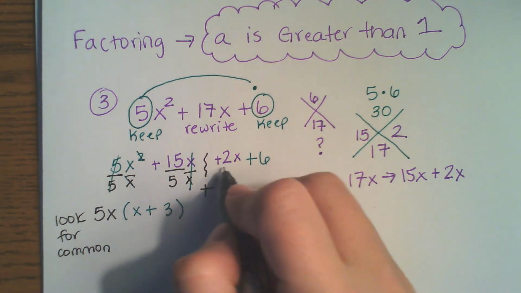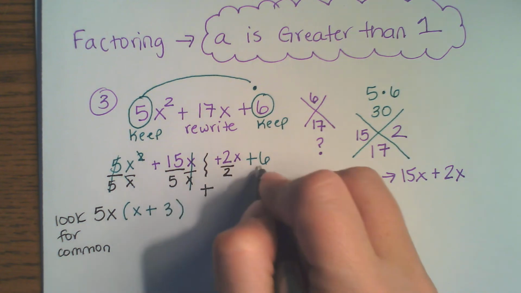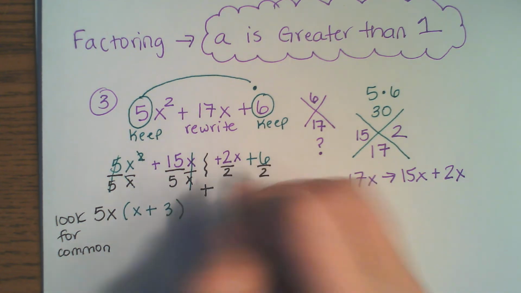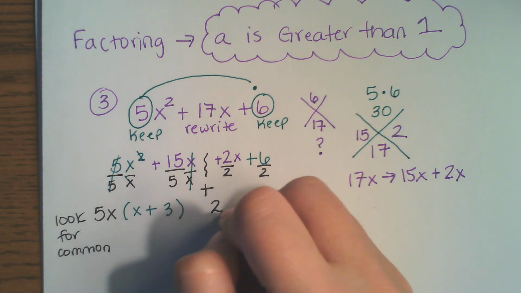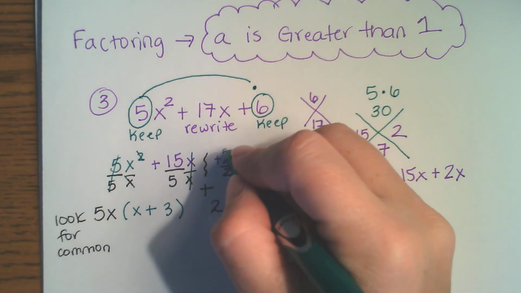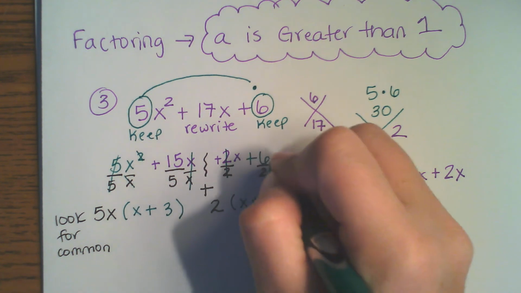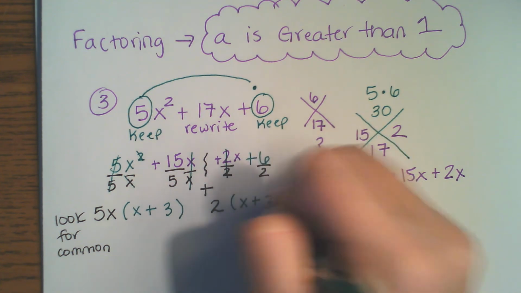On this side, 2 and 6 can be divided by 2, both of them. So I put that common factor in front, and I divide out. 2 divided by 2 is 1x, plus 6 divided by 2 is 3.